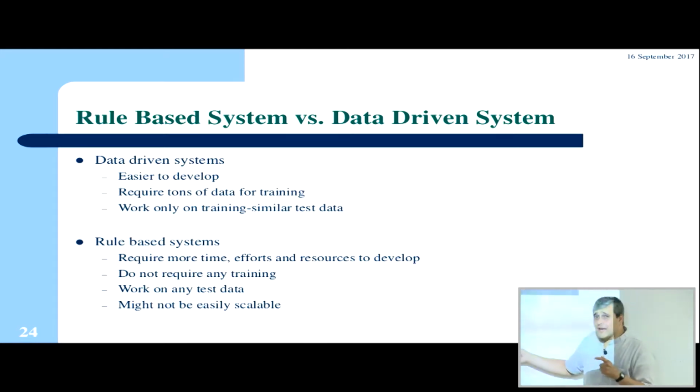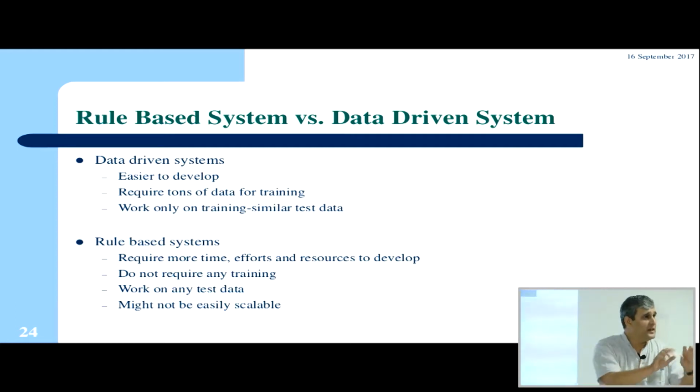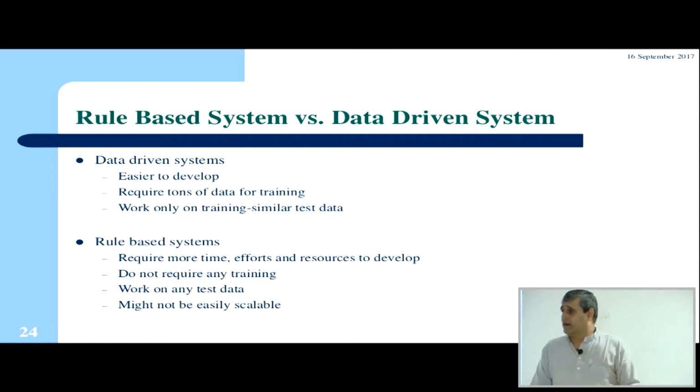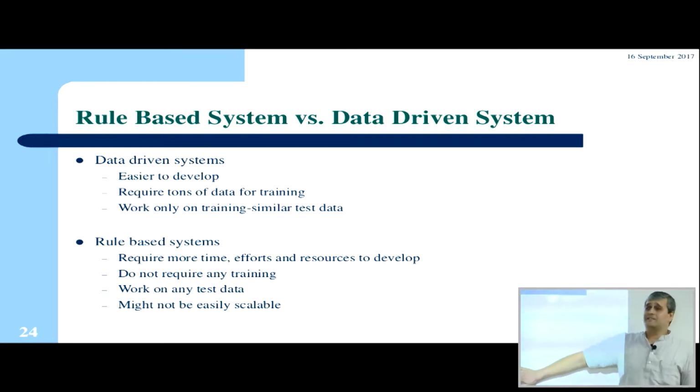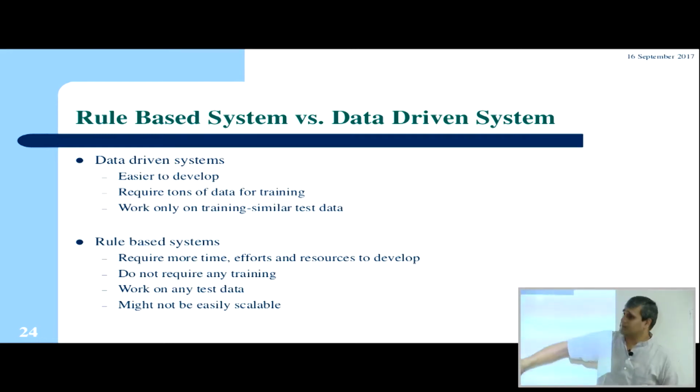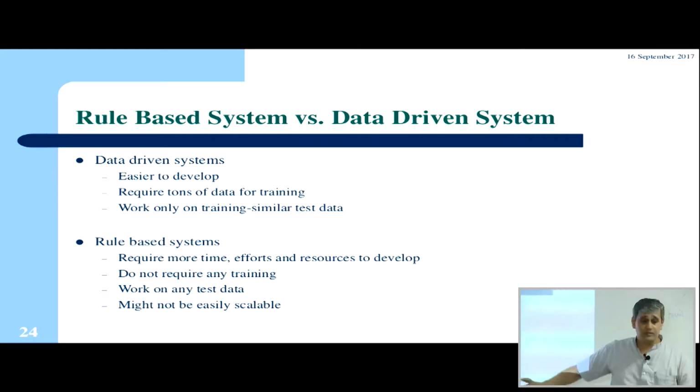Only thing is, it takes time and effort and patience. It works on any test data, like English: once you teach the system English word and sentence patterns, it does not matter whether it comes from legal domain or medical domain, it works. But it might not be easily scalable, that is the drawback. So, both systems have their advantages and disadvantages.